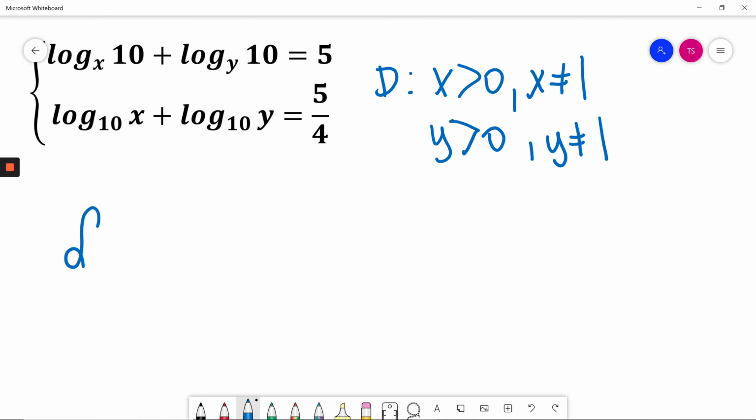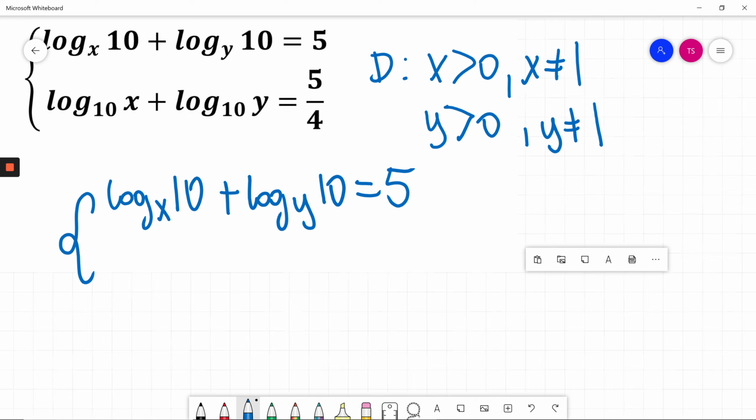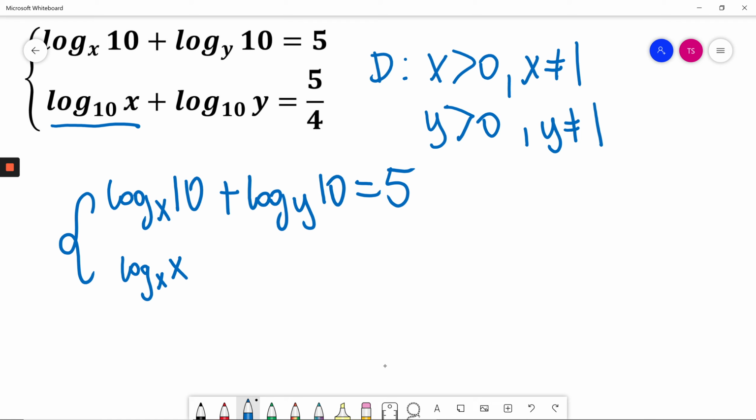Now I will write the first equation again: log with base x of 10 plus log with base y of 10 is equal to 5. And in the second equation, I will change the base of the formula. Now I have log with base 10 of x, and I will write it as log with base x of x divided by log with base x of 10.